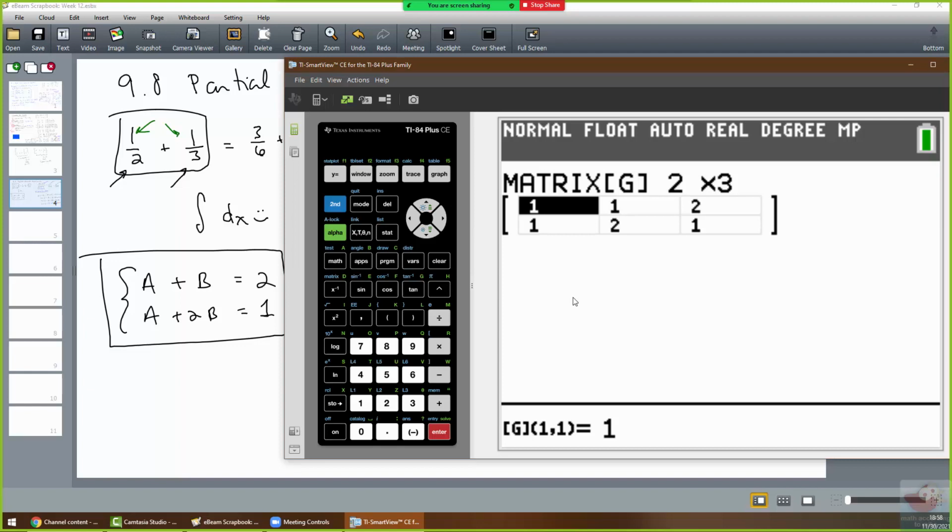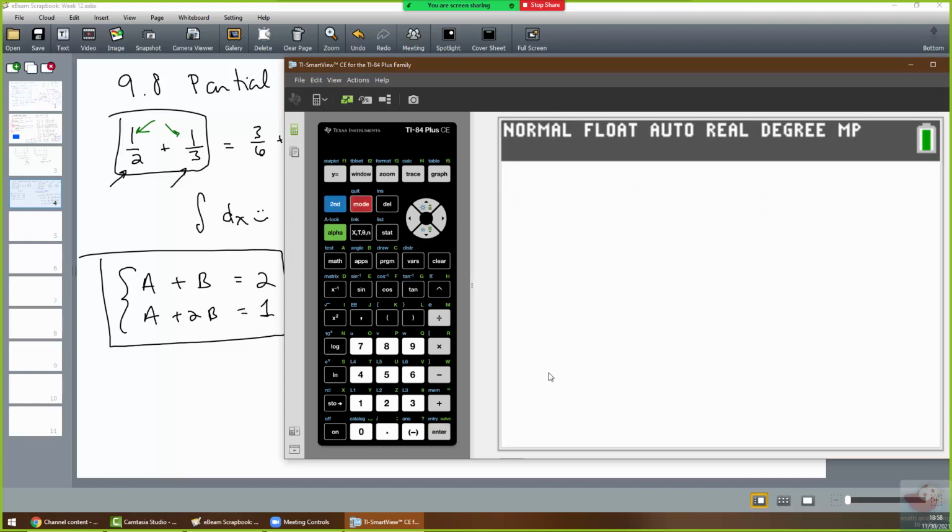So one more time: second matrix, over to edit, put in the dimensions at the top, and then put the coefficients and constant below it. Once you have that, second quit.